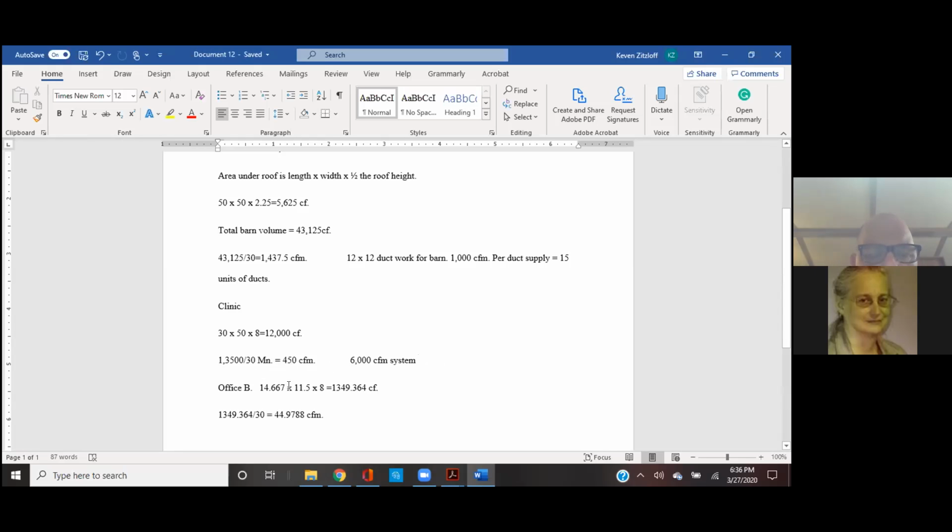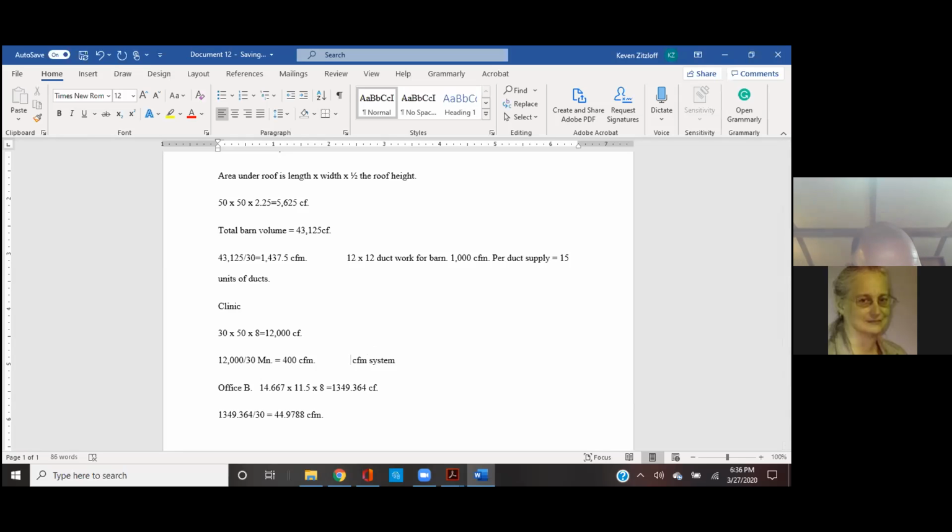Second line, where it says 13,500. Oh, 12,000, duh. That's going to equal 400. And I lied. It's a 400 cubic feet per minute unit, not 6,000. Pay no attention to the man behind the screen.